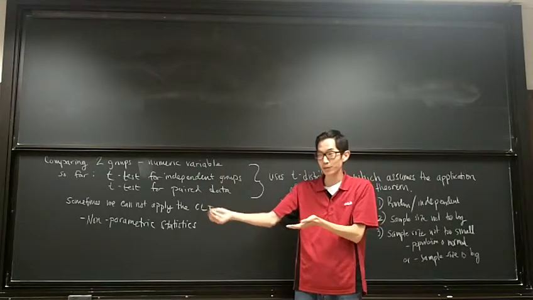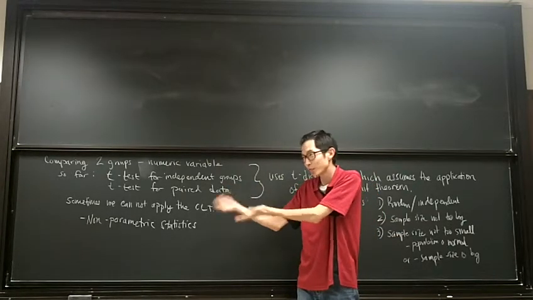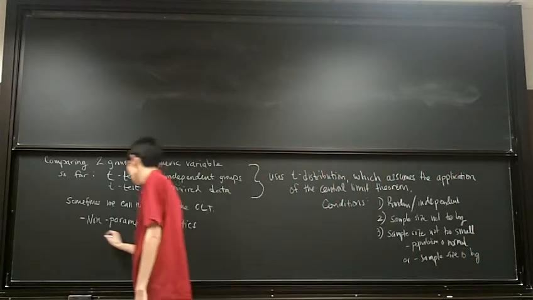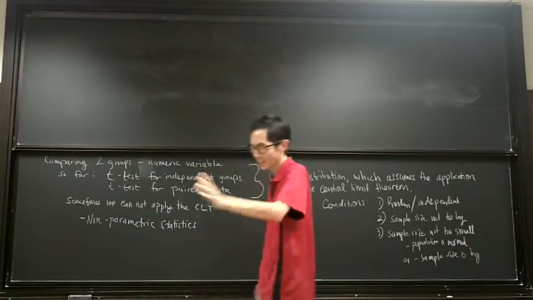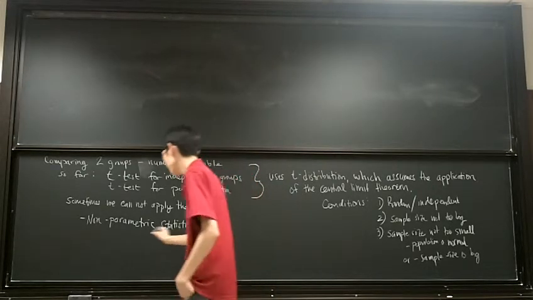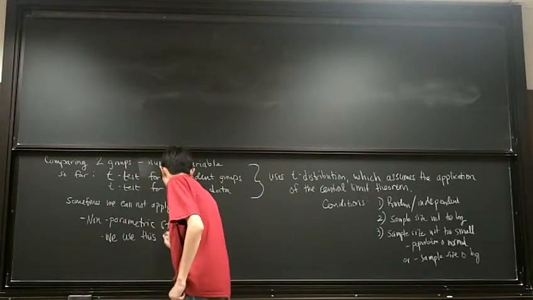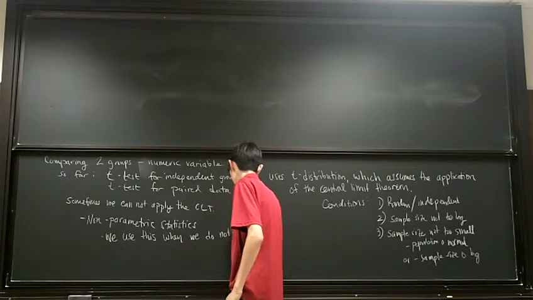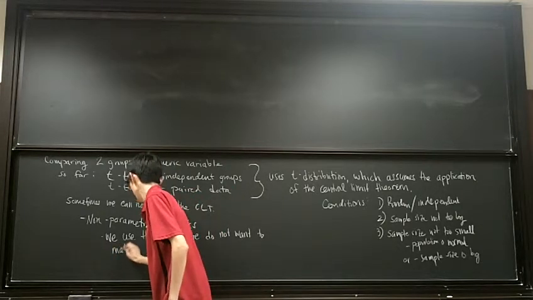Maybe you'll say, I don't know a lot about this, but this thing doesn't seem correct. So at least for our topic, non-parametric statistics are used when we can't use the central limit theorem, when we do not want to make as many assumptions about the data.